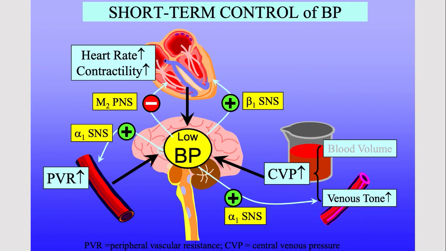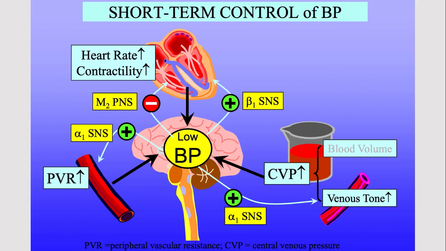All of this is going to increase stroke volume and cardiac output as well as elevate blood pressure. So that's how our brain and our body cause an increase in blood pressure and heart rate when you stand up quickly. This occurs within seconds, right? This is why you don't pass out every single time you stand up.